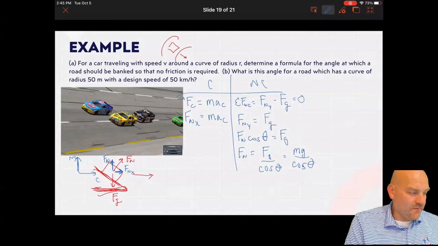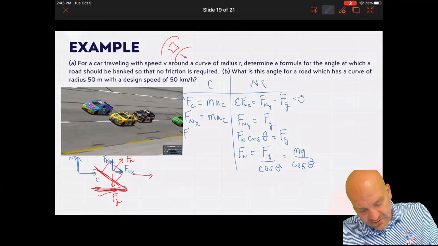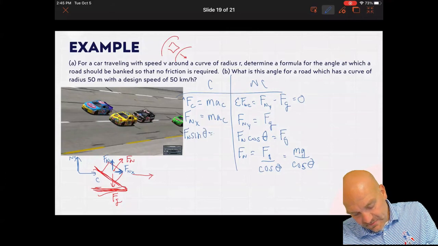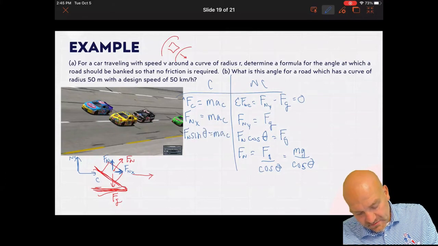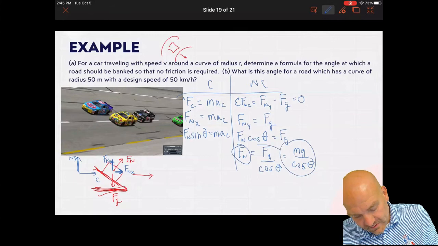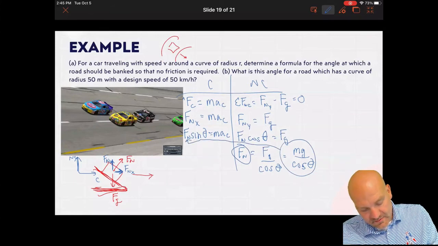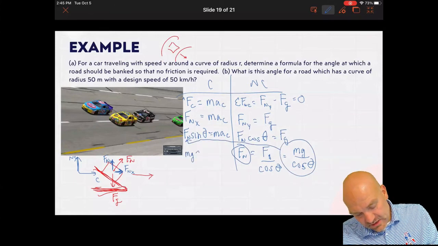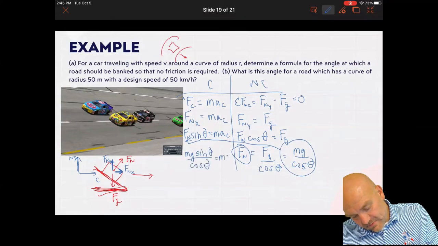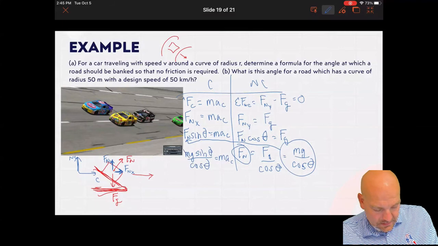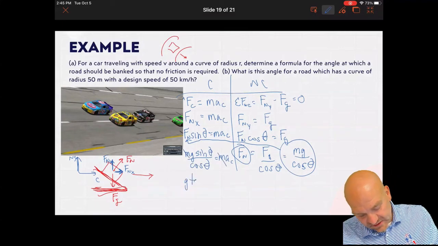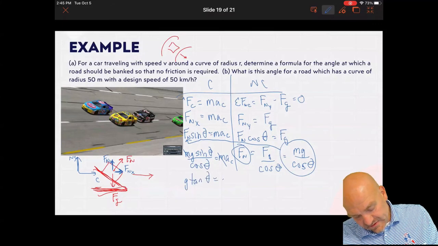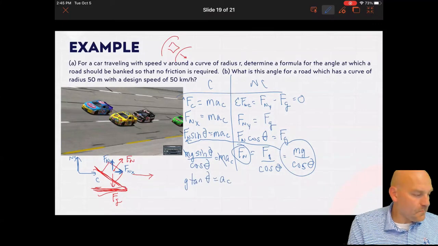Now I can go back over to my circular side: FN sine theta is equal to MAC, but I'm going to plug this in. So it's going to be MG sine theta over cosine theta equal to MAC, and that m cancels that m. Sine over cosine is tangent, so I get g tan theta is equal to AC.